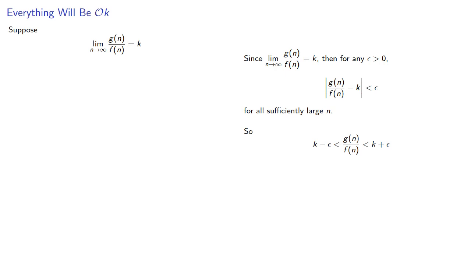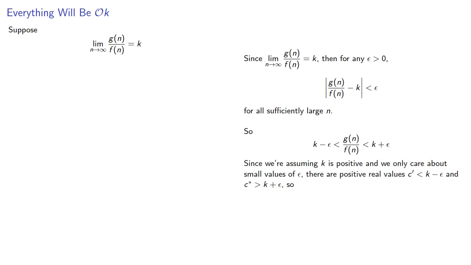Now, since we're assuming k is positive and we only care about small values of epsilon, there are real values, c prime, which is less than k minus epsilon, and c star, which is greater than k plus epsilon. And so this quotient is wedged in between these two positive values.